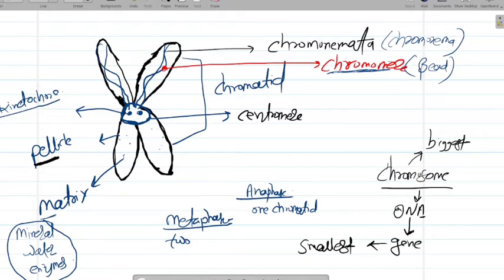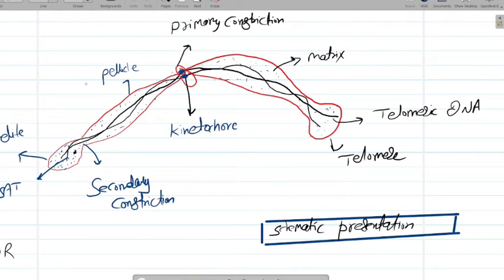Now let us come to the depth structure. This is the schematic presentation of a chromosome. As you can see, this is your chromatid part, and this is your chromosome, the whole schematic presentation of the chromosome.